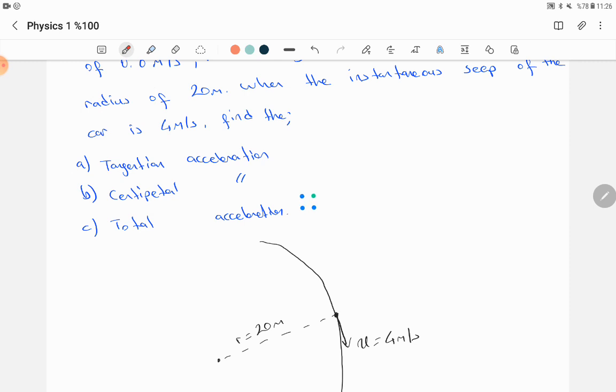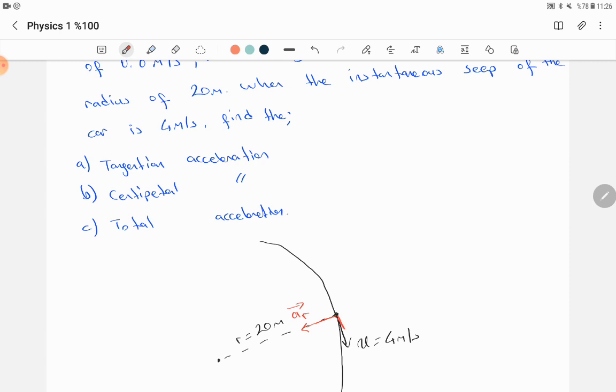The first acceleration is directed toward the center of the trajectory, the centripetal acceleration, shown as AR.